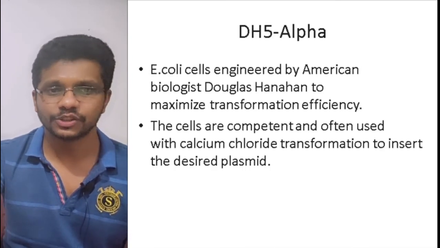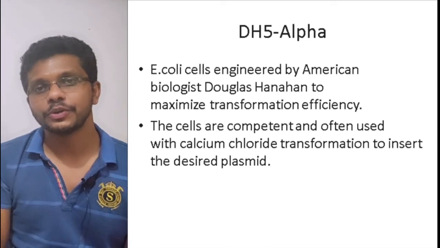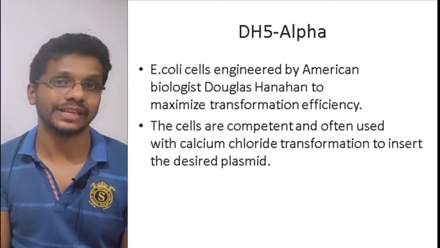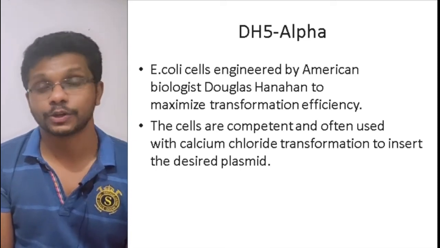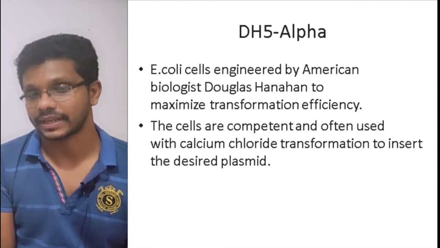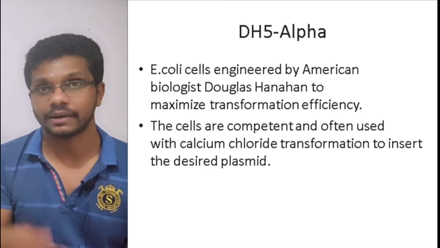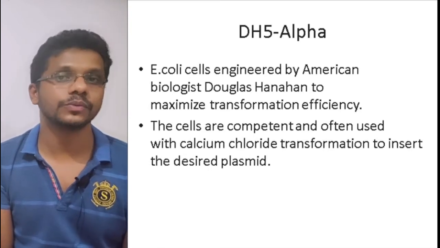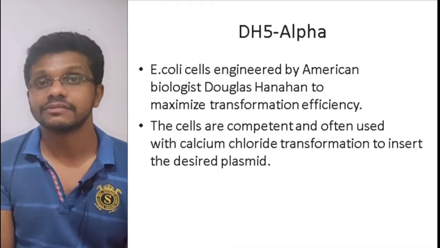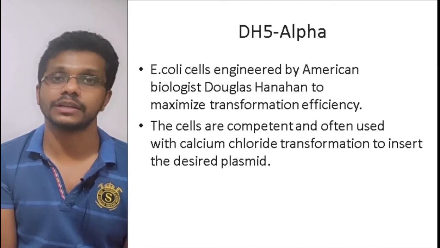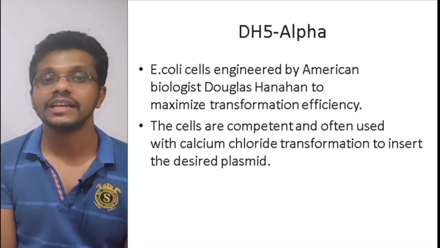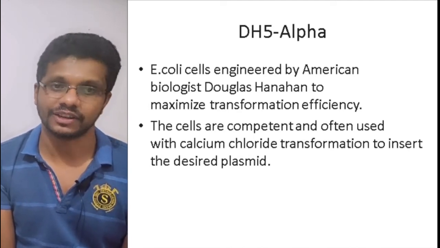One factor we need to consider: for pBR322 we can use any type of Escherichia coli for the experiment, but for pUC18 we cannot use any type of Escherichia coli. The normal Escherichia coli actually produces the beta galactosidase gene. They have the lac operon, so that cannot be used for pUC18. For pUC18 we are using a special strain of Escherichia coli called DH5 alpha.